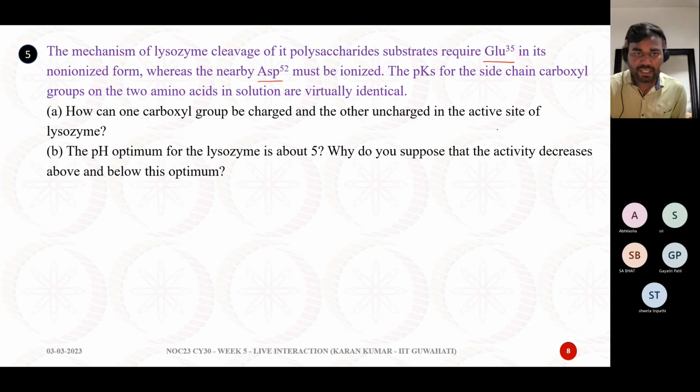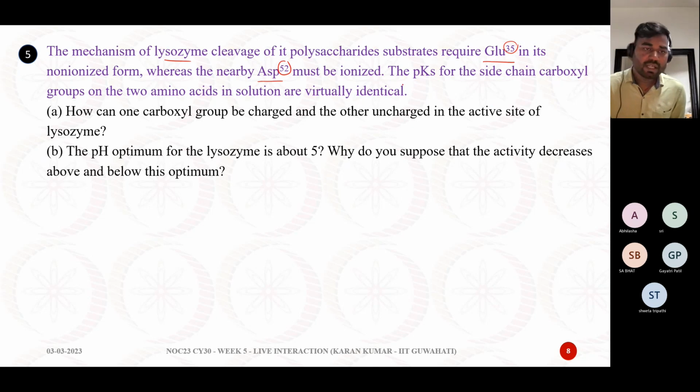In the lysozyme protein, there are multiple amino acids at different positions, right? So aspartic acid at the 52nd position and glutamic acid at the 35th position. These two amino acid residues play an important role in the catalytic site of lysozyme.